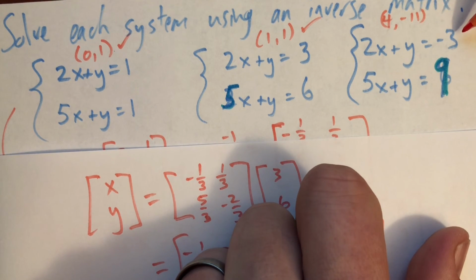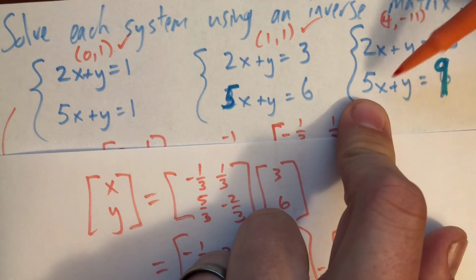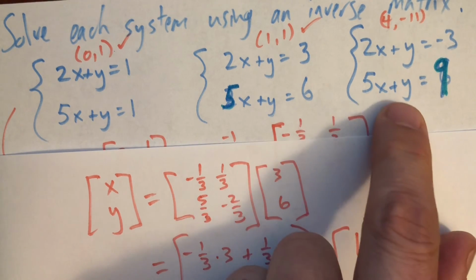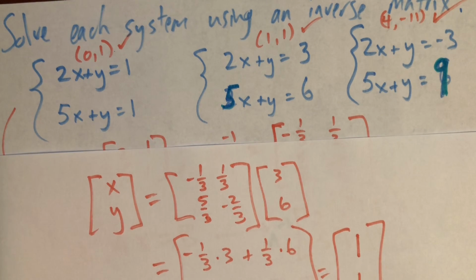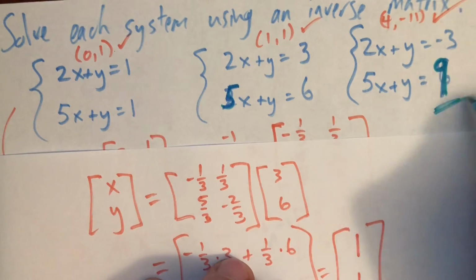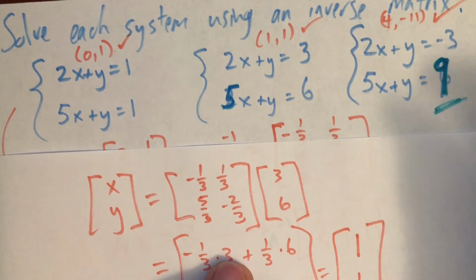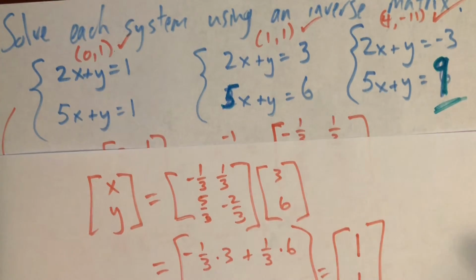Well, that gave us negative 3. That's good. 4 times 5 is 20. Minus 11 gave us 9. So it worked. I was thinking that it didn't work because that's not the problem that I had initially written down. I screwed up and I wrote a 9. Anyway, we found that it worked and we just plugged it in.